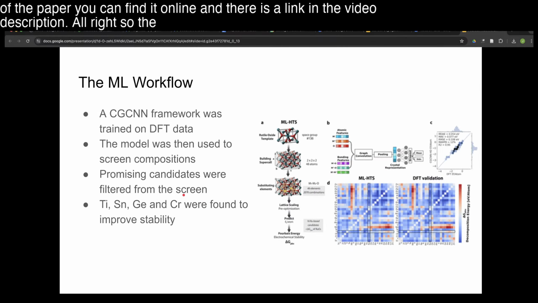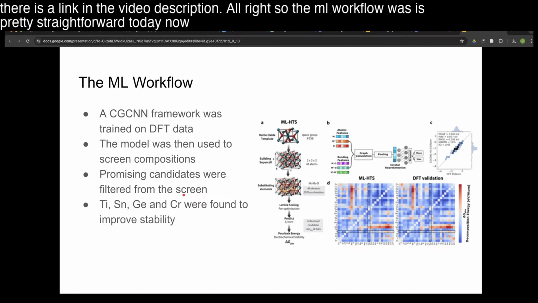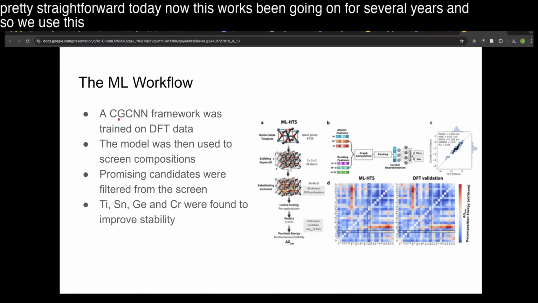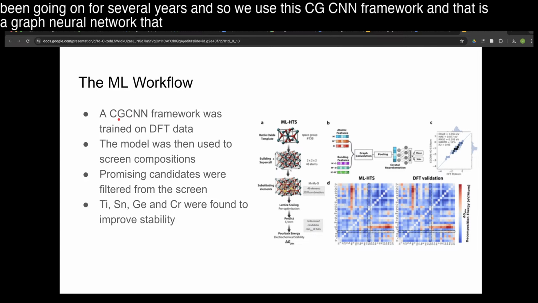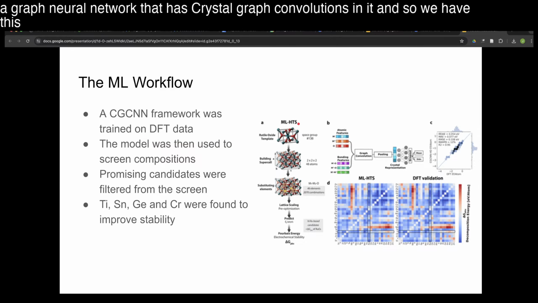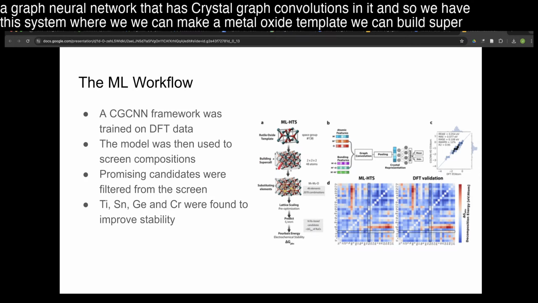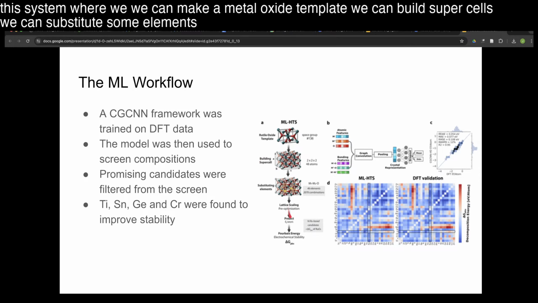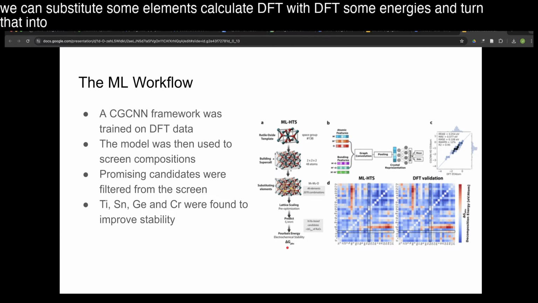All right, so the ML workflow is pretty straightforward now. This work's been going on for several years. And so we use this CG-CNN framework, and that is a graph neural network that has crystal graph convolutions in it. We have this system where we can make a metal oxide template, build supercells, substitute some elements, calculate with DFT some energies, and turn that into an electrochemical stability through a simple Pourbaix energy model.